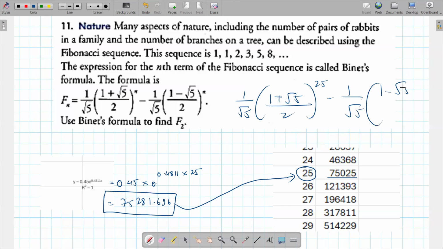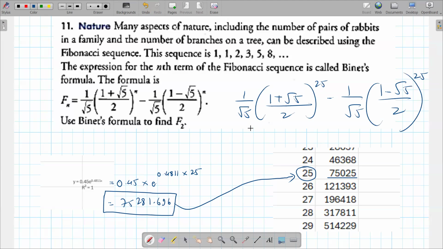1 minus root 5 over 2 to the power of 25. Let me plug this in. Would be a good experiment. 1 plus root 5 divided by 2 to the power of 25 divided by root 5, minus 1 over root 5 times 1 minus root 5 over 2 to the power of 25.